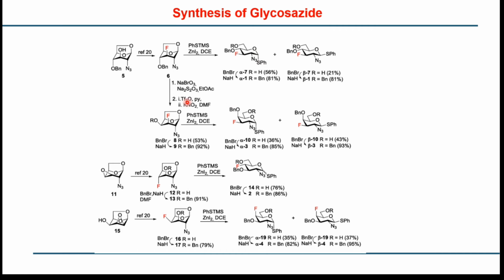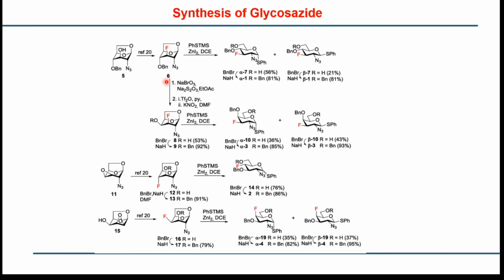And in the case of C3 fluorinated sugar, they first deprotected this OBn group by using sodium bromate and sodium thiosulfate in ethyl acetate, and after the deprotection of the OBn group, they changed the orientation of the hydroxy group by using triflic anhydride followed by potassium nitrite.